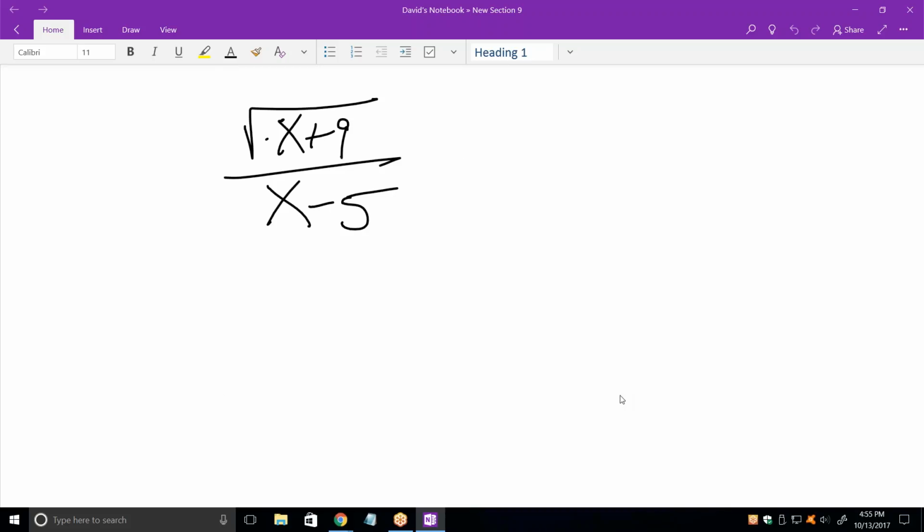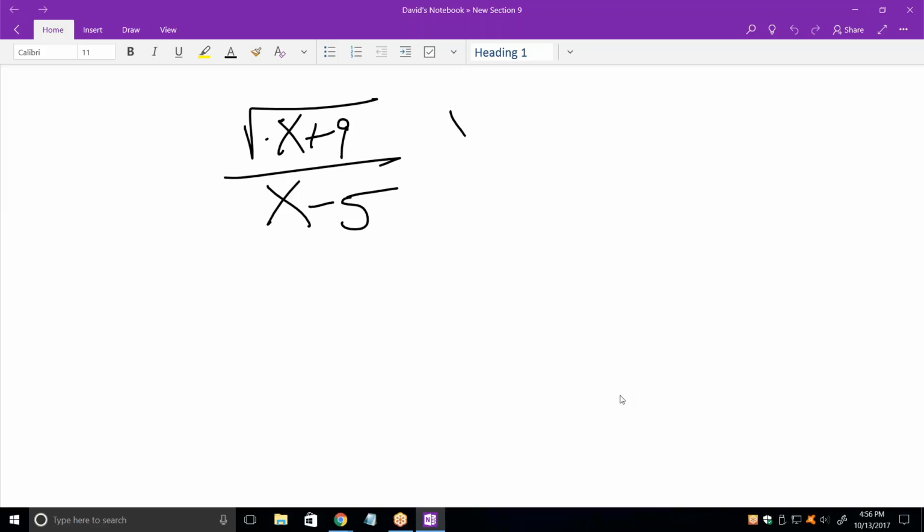Well, this has got a couple of domain restrictions. Let's look at the numerator first. Tell me what x can be looking at just the numerator. Does that have to be greater than 9? Greater than or equal.